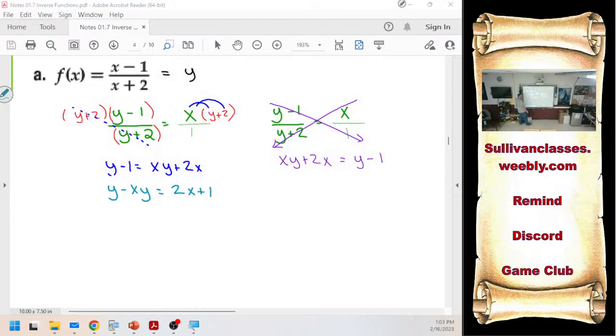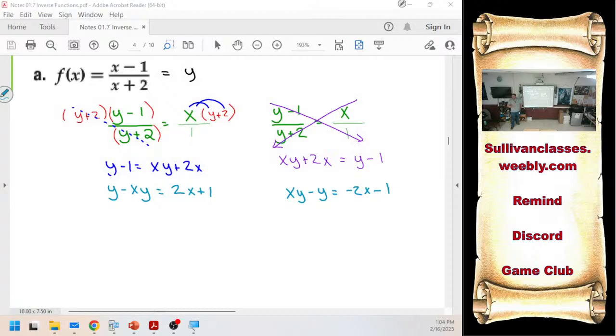Or xy minus y is negative 2x minus 1. You see how they're the same thing, it's just one is the negation of the other? You can take a y out of that one.